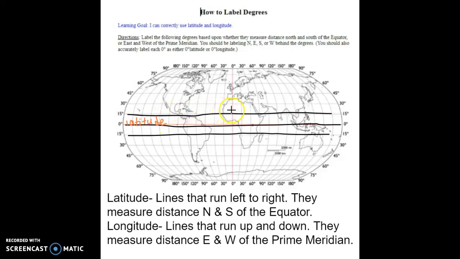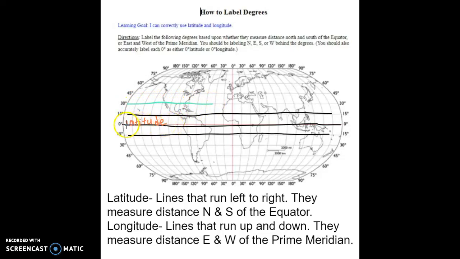And all of these lines that we see here are measuring distance from this line. In order to figure out what these over here need to be, we start at 0 and we say, what direction did we have to go in order to get to those lines? So let's say that we wanted to get to this line right here, 30 degrees.